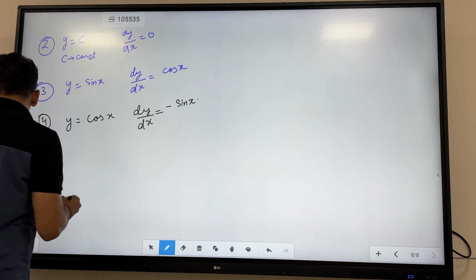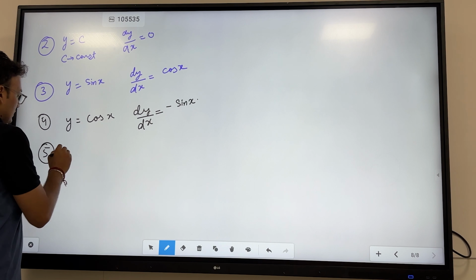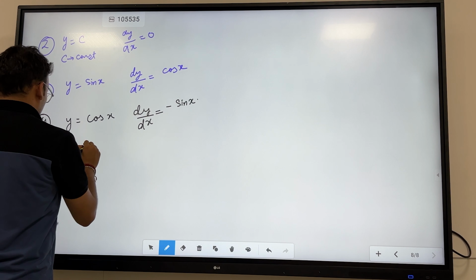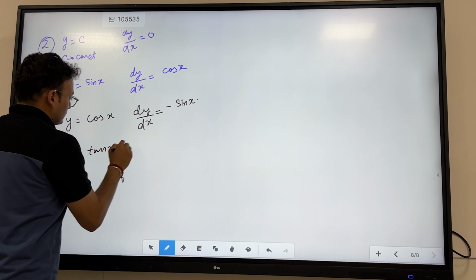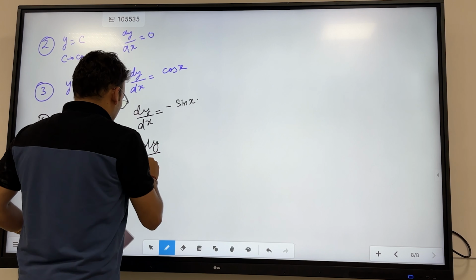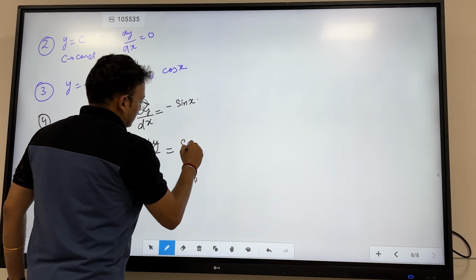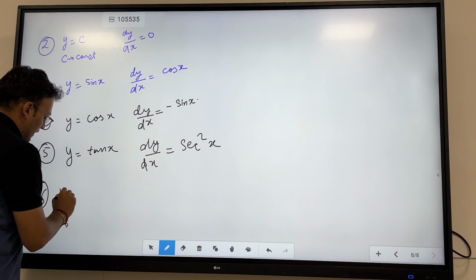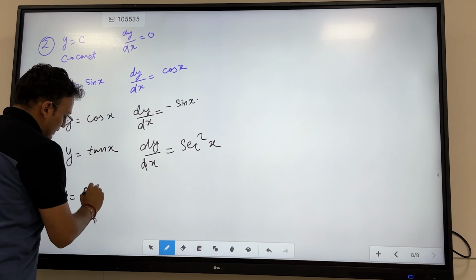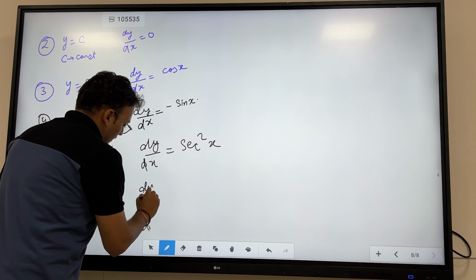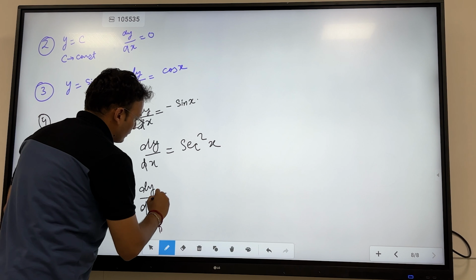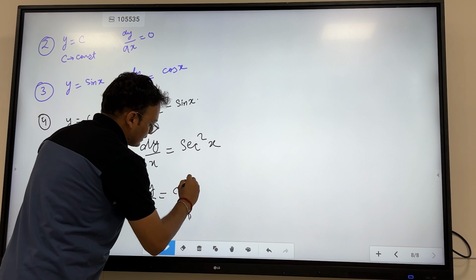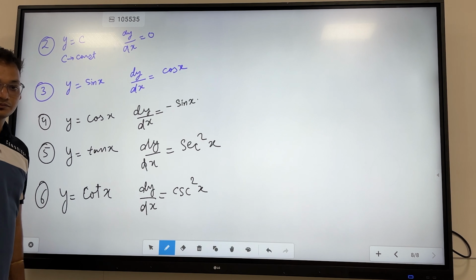Perfect. Similarly, the fifth rule is if y is equal to tan x, then dy over dx is equal to sec square x. Sixth, if y is equal to cot x, then dy over dx is equal to cosec square x.